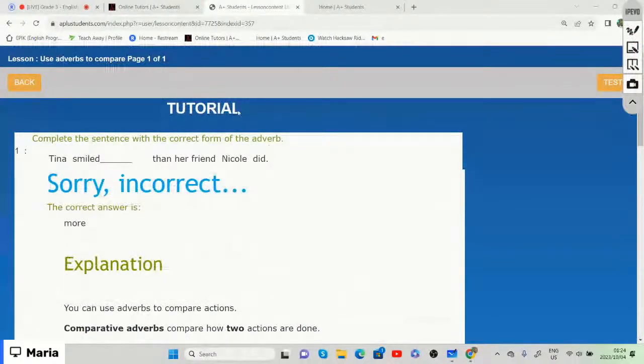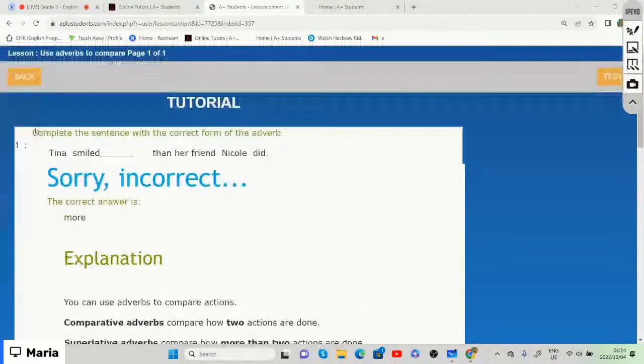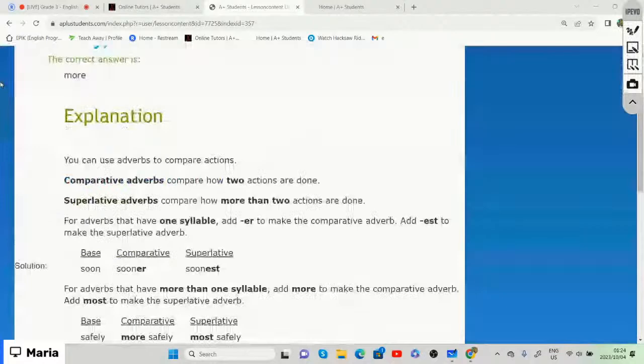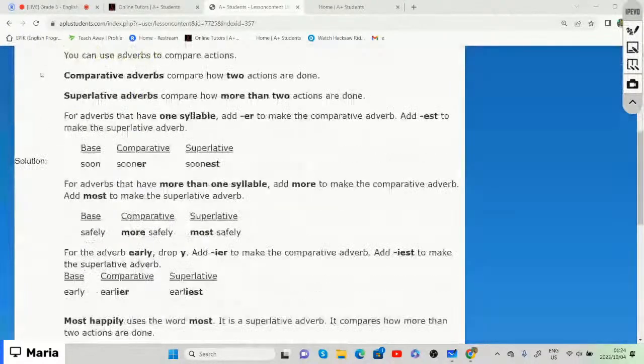So now we're going on to our test, when it comes to using adverbs to compare. Before we go on to our test, we said that you can use adverbs to compare actions. We have a comparative adverb and we have superlative adverbs.